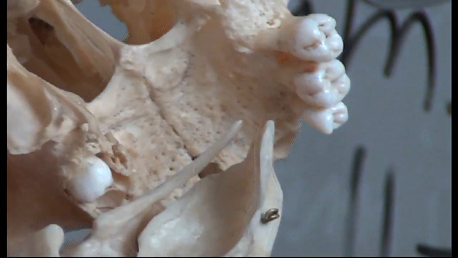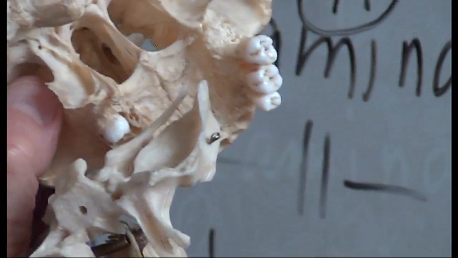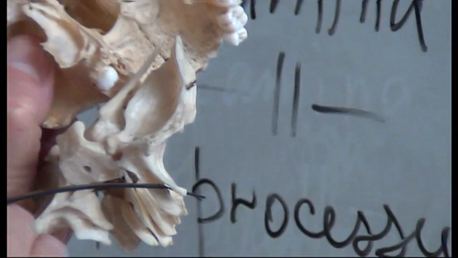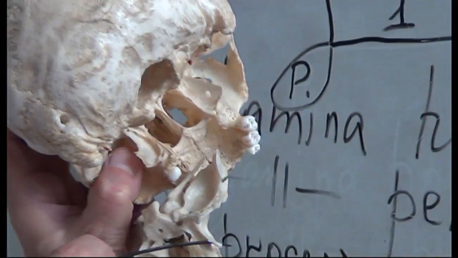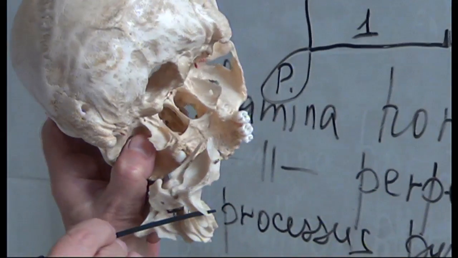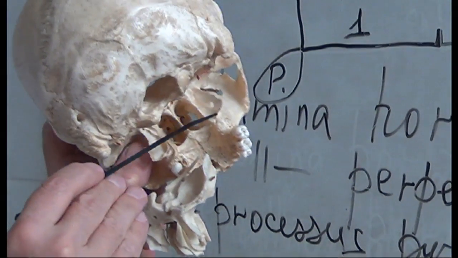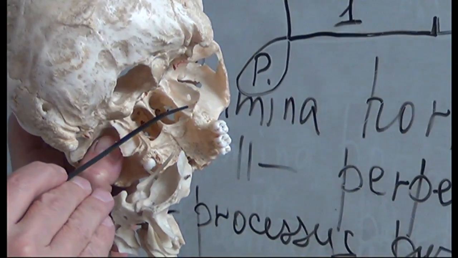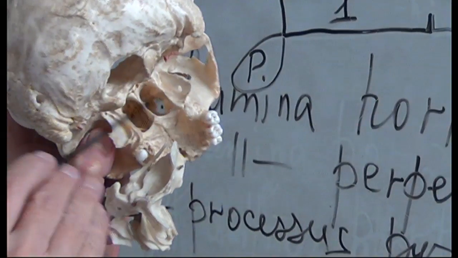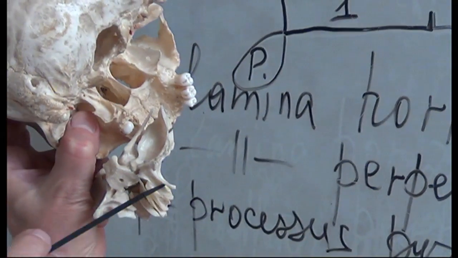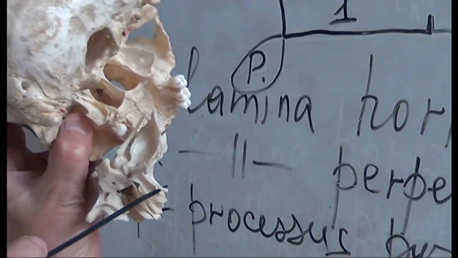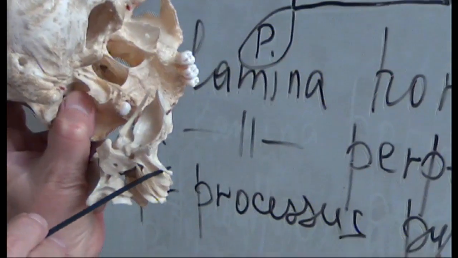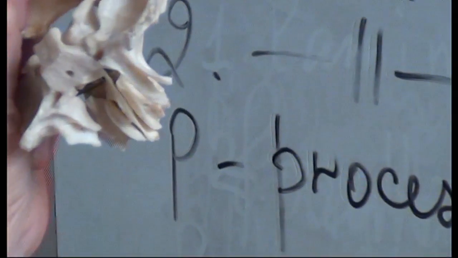I'd like to compare. This is a separate bone, and here it is incisura pterygoidea, and there is no such incisura in the skull. Why? Because this space, incisura pterygoidea, is occupied by the processus pyramidalis.